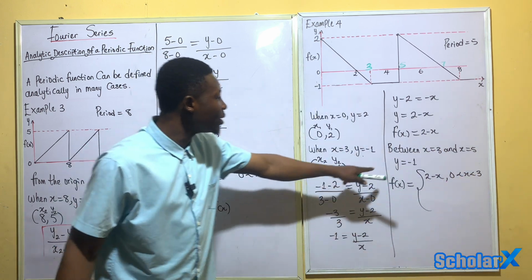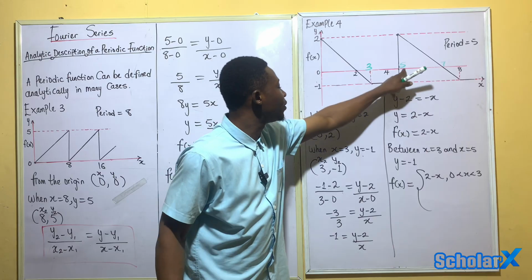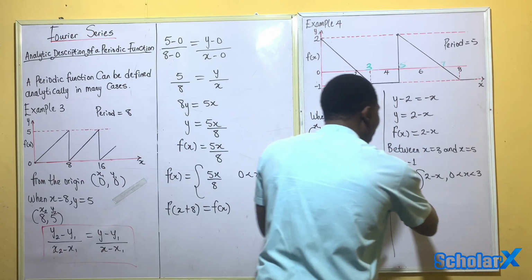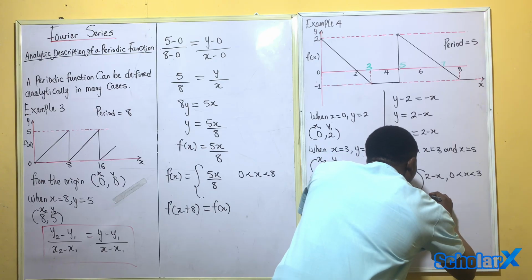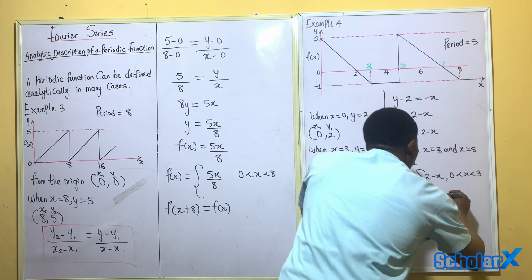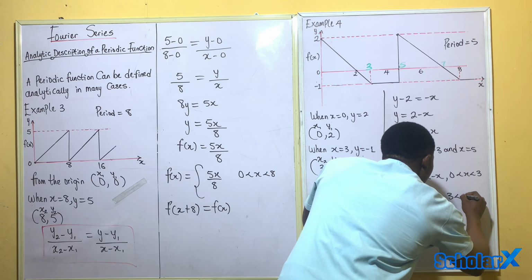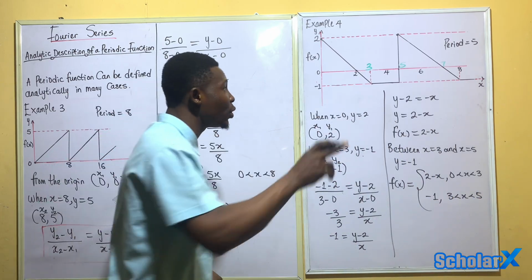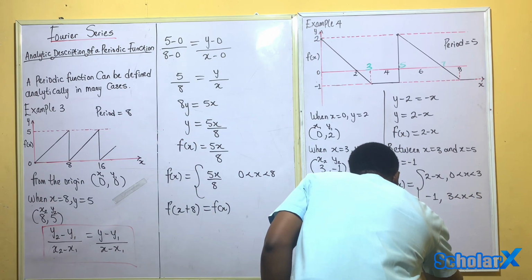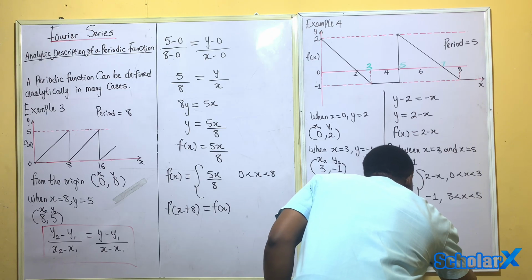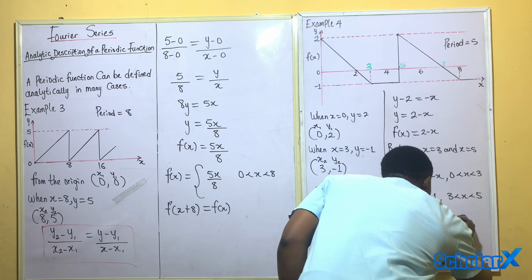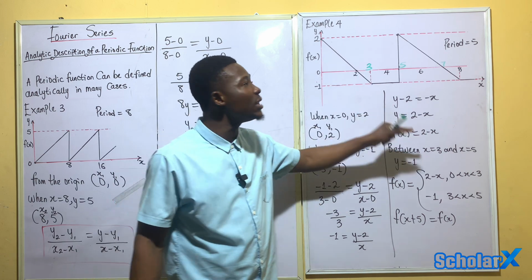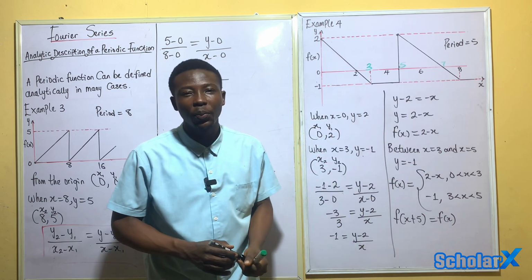And then for the next one, between 3 and 5, we have that our f of x is equal to minus 1, because y is minus 1. So f of x is minus 1 for values of x between 3 and 5. And then our period is 5, so f of x plus 5 is equal to f of x. So this is the analytic description of this periodic function.